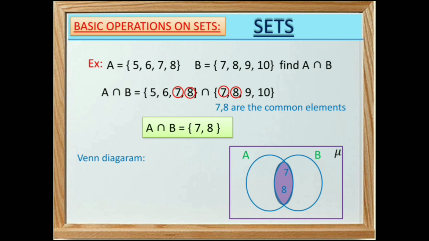I shaded here. Children, observe. So this is the intersection portion. The remaining elements can be represented, 5, 6 and 9, 10 like this. So in this way we can represent A intersection B in Venn diagrams. Okay, children.